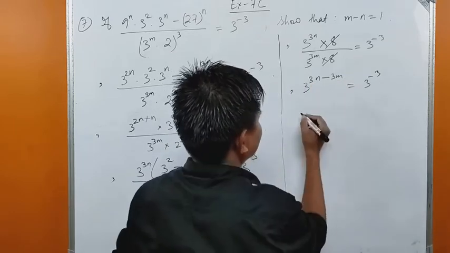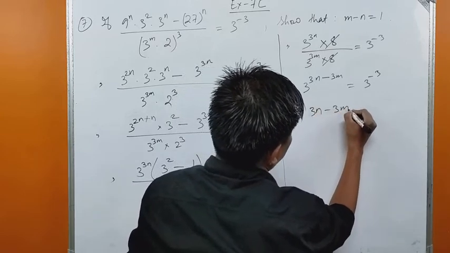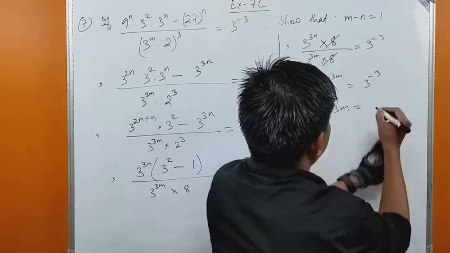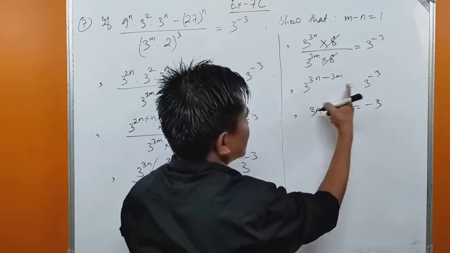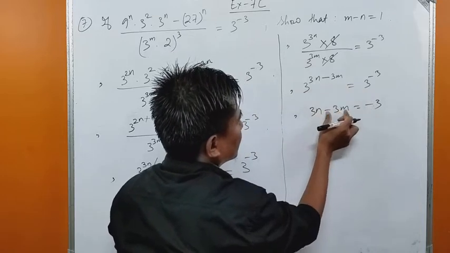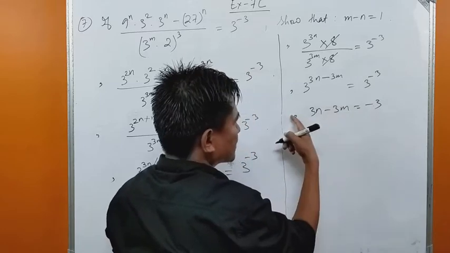Let me do this properly again. 3n minus 3m equals minus 3. Since the bases are equal, their powers are equal. Now let's take minus 3 common.